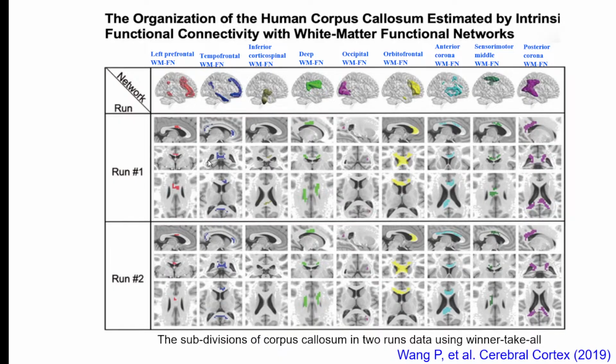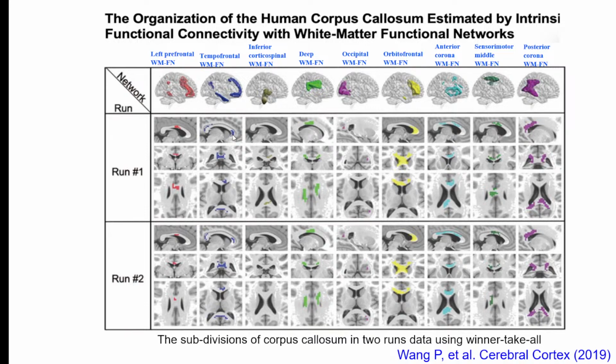And when we did the k-means clustering, what we found was that we could identify a left prefrontal white matter functional network, and that this correlated to this region of the corpus callosum. Similarly, we could identify a temporofrontal white matter functional network, which showed up here, right?